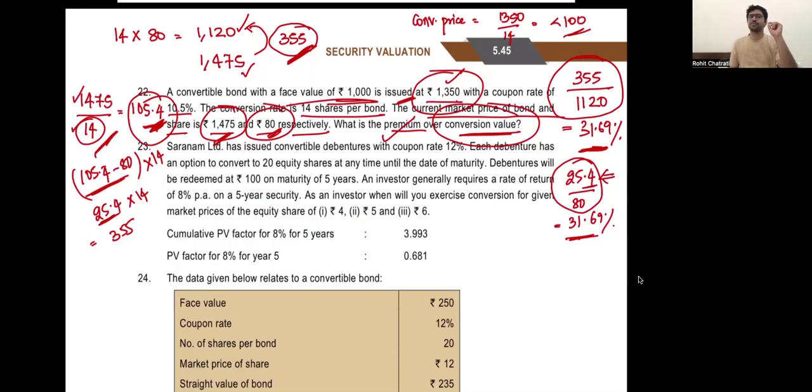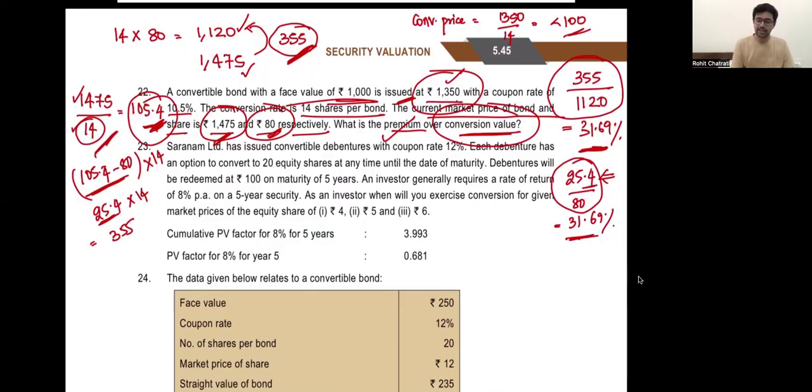Two alternative ways, both of them giving us the same result. In the first method, we are taking it for 14 shares. The numerator was the premium for 14 shares, and the denominator was the market value of 14 equity shares. Alternatively, I can take the premium on a per share basis, and the denominator will be the market value per share. How am I calculating the premium on a per share basis?